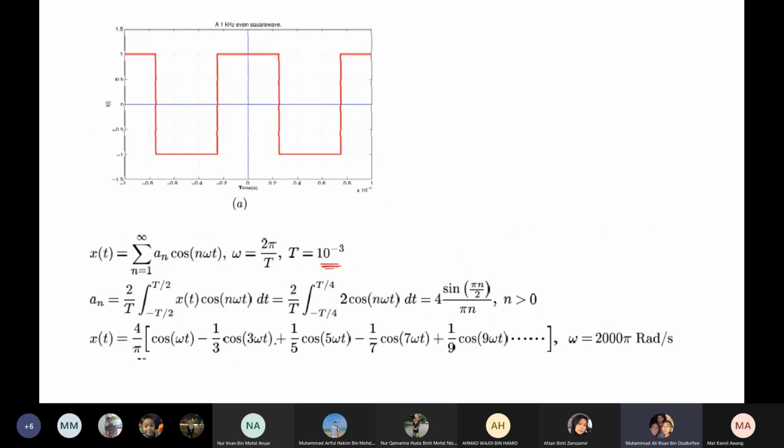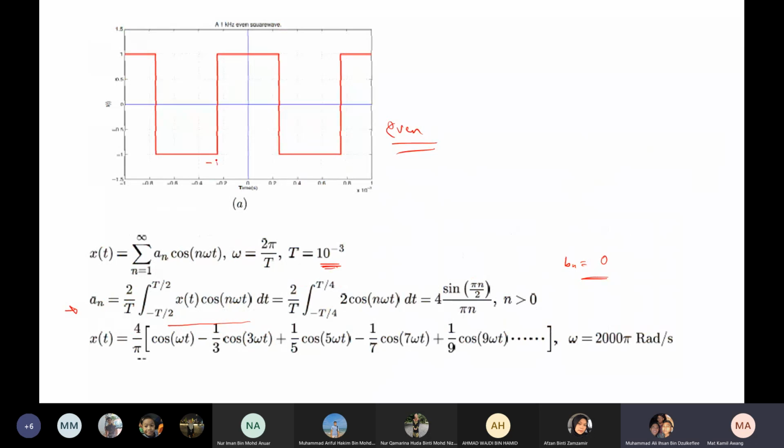From here, you can find the a n, but the b n term is equal to 0 because this is the even function. Yes. Okay. So this is the formula for the a n. You do the integration from minus T over 2 to T over 2.